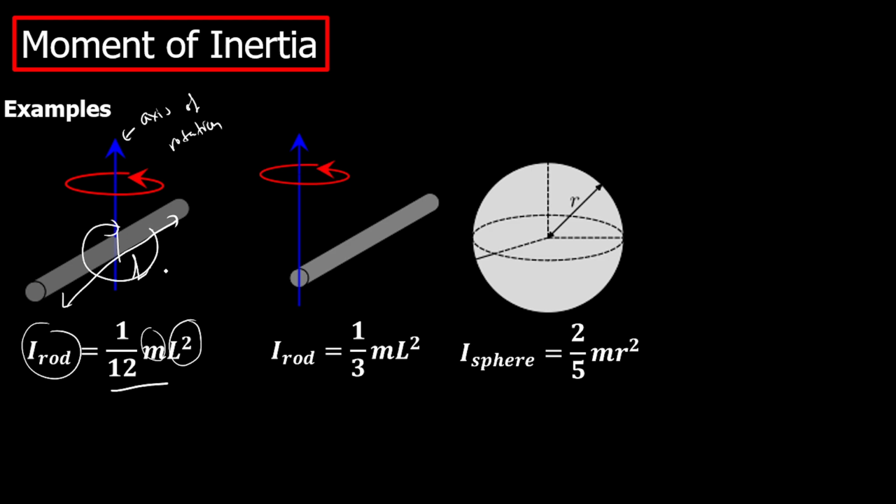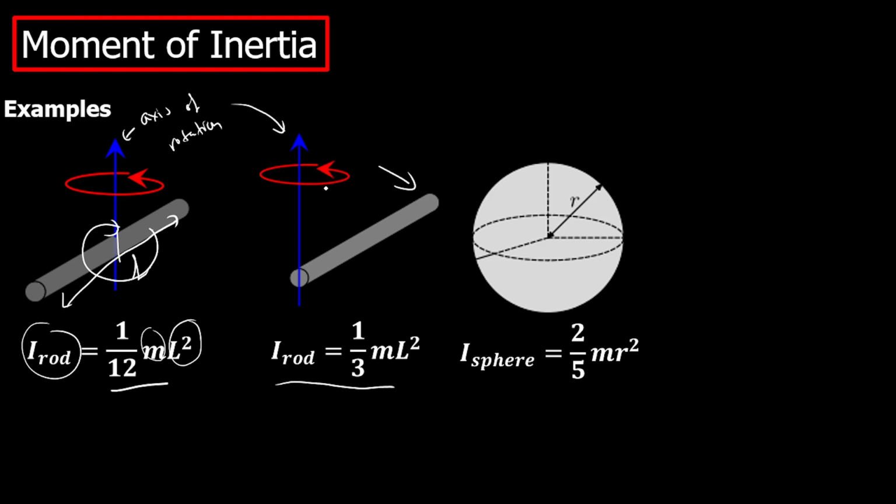Now if we shift the axis of rotation to one end, the moment of inertia also changes, because if you push it here, you will need a higher force to rotate it.